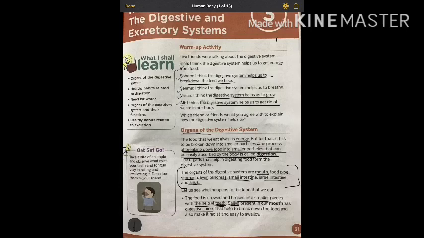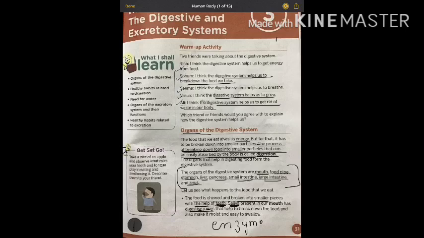And after the food is broken down into smaller pieces, it is mixed up with saliva in our mouth. Saliva is a liquid present in the mouth, and it contains digestive juices. Digestive juices means saliva contains enzymes.